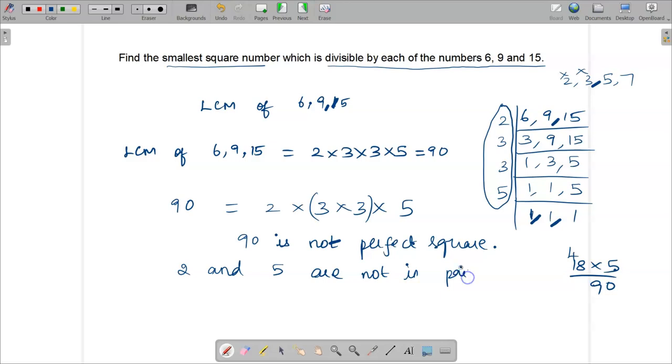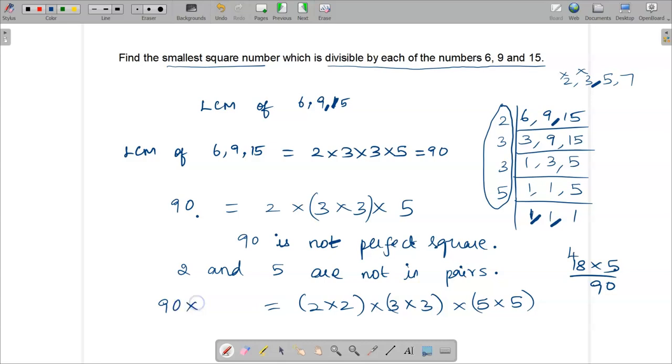So we have to multiply the number 90 by 2 as well as 5. Just this 2 we have to multiply by 2 again. Similarly, this 3 already occurs in a pair, 5 is not occurring in a pair, so just multiply by 5, so that the right hand side will occur in pairs.